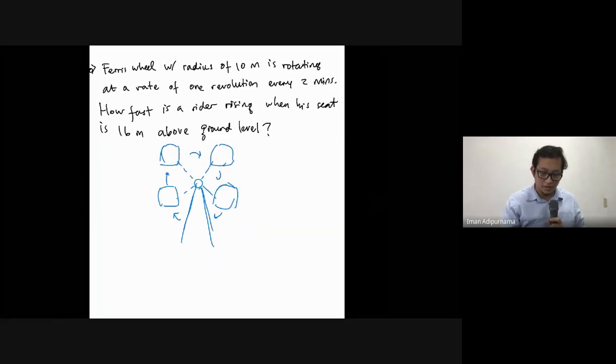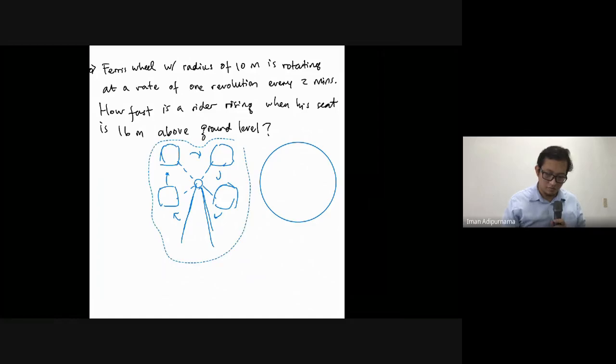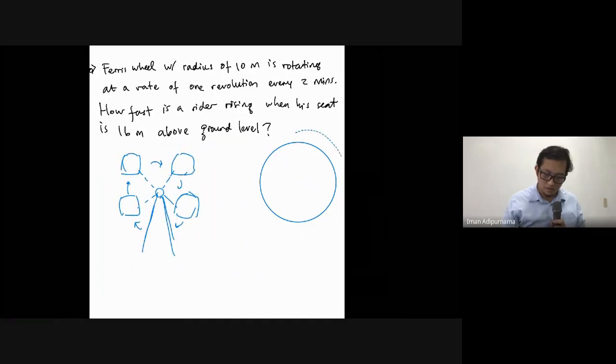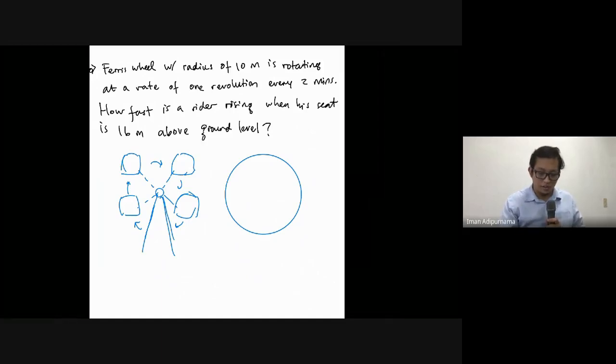So if I'm simplifying this into a big circle, moving to the right. Okay. So imagine this is the whole Ferris wheel. Okay. This is the ground. So the radius, it will be from the middle. This is the radius.